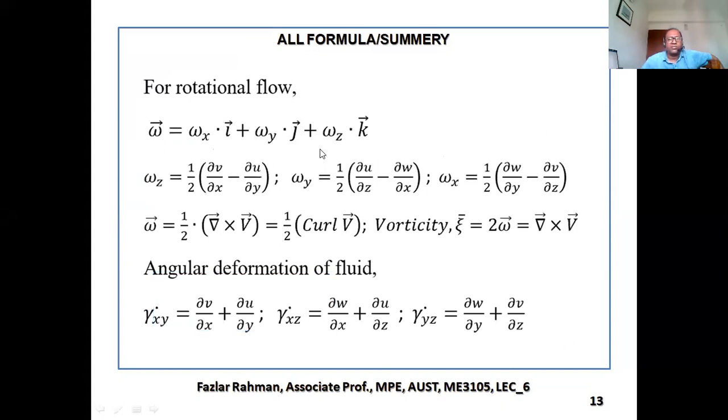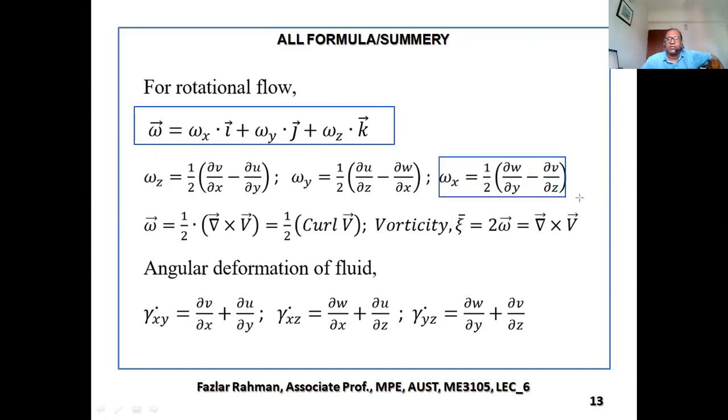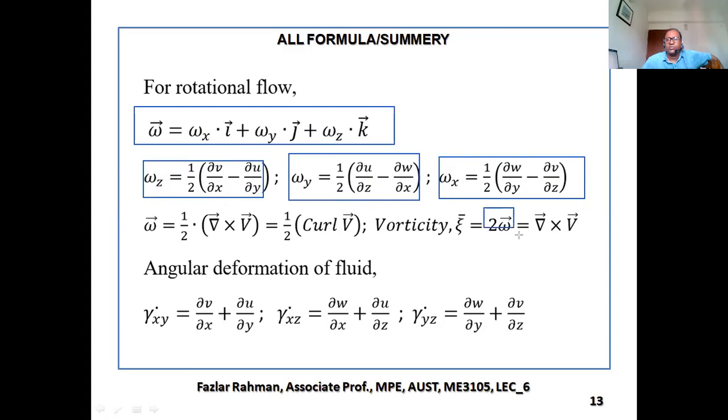Then in case of rotational flow, the vector equation is this one. And what is omega x? This is my omega x, this is omega z, and this is omega y. And vorticity equals 2 times the rotational vector, or curl v, divergence into v, cross product of two vectors.